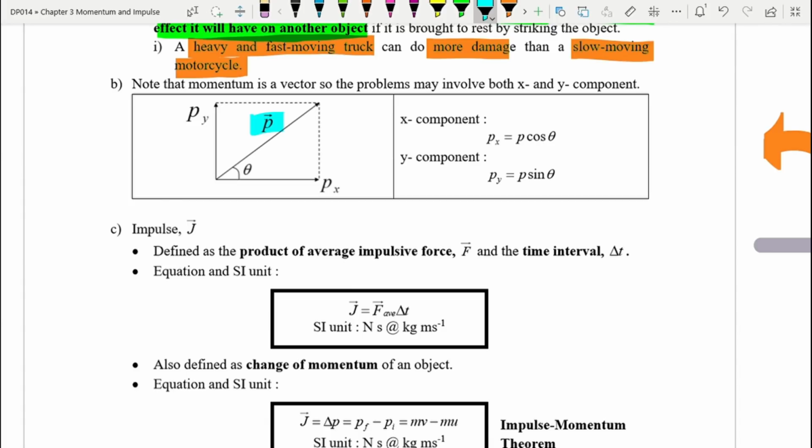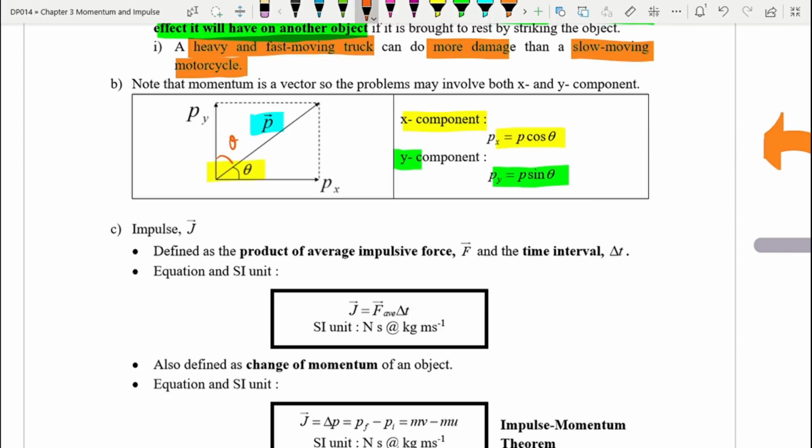So to resolve P into x and y component, kalau x component obviously kita akan gunakan cos theta sebab theta yang kita gunakan dekat sini adalah from x-axis, and for y component kita akan gunakan sin theta. So if you use different theta, for example if you are using theta from y, obviously untuk x dia akan jadi sin, untuk y dia akan jadi cos. Siapa yang tak sure apa yang saya tengah bagi tahu ni, revise balik chapter 1.